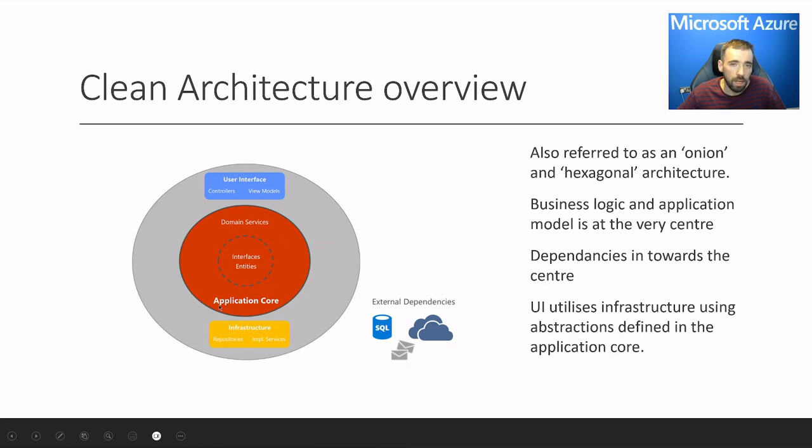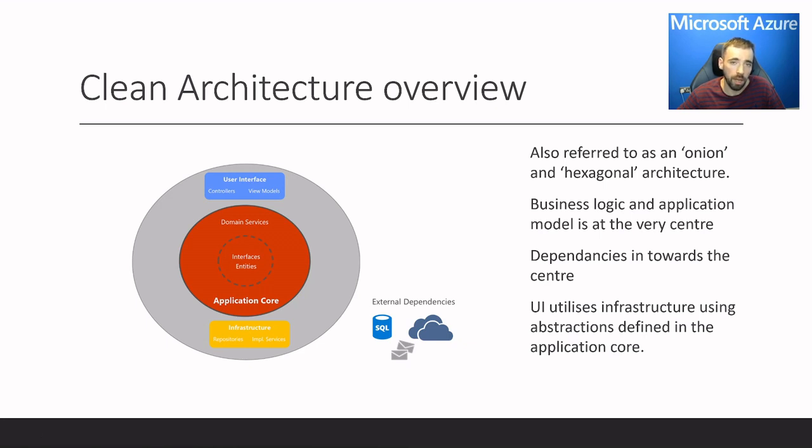The UI utilizes infrastructure using abstractions defined in the application core. So when we have components of our UI layer that need to access infrastructure services, it will look at interfaces or abstractions in the application core, and then the infrastructure will implement those abstractions. So the user interface won't have a direct reference on infrastructure.